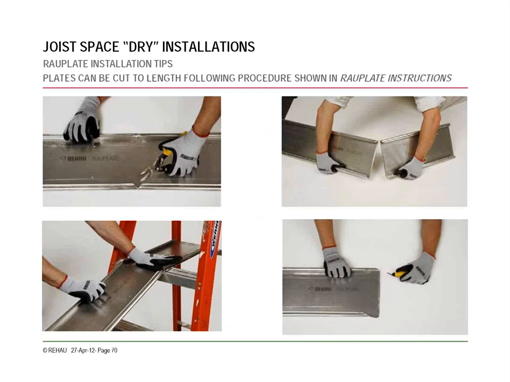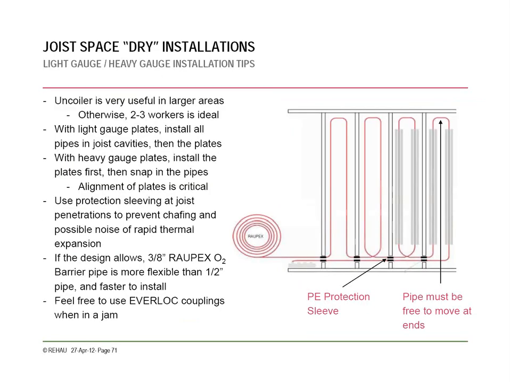More ROW plate specific. Again, with most heating plates, be careful how you cut it and make sure you deburr the edges to make sure it's not messing with the pipe. Here again, this is showing the lighter heavy gauge plates where you have to hang them individually for each stripe of pipe.